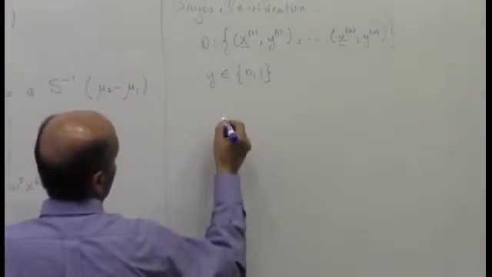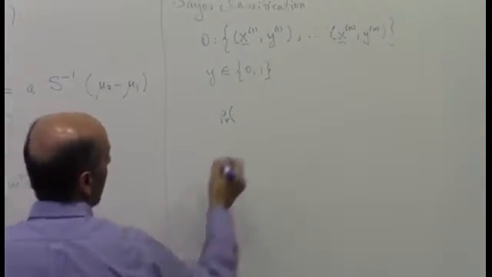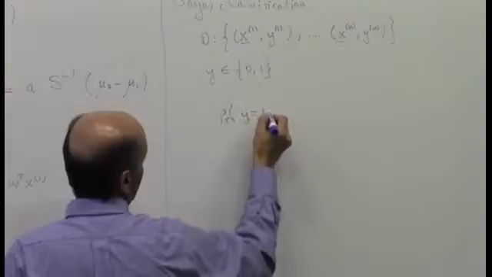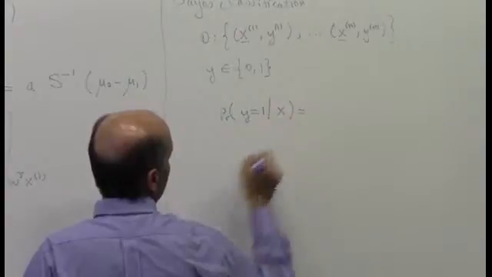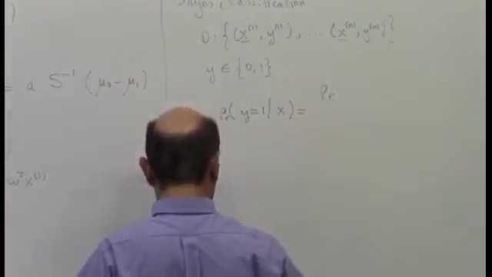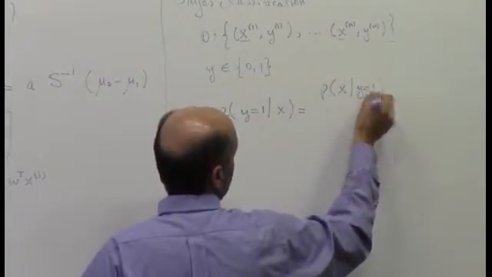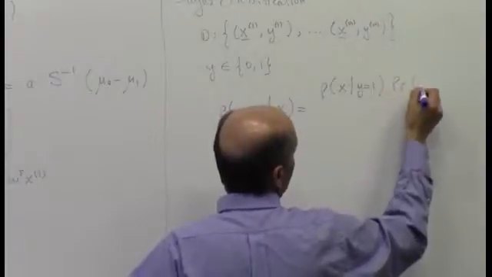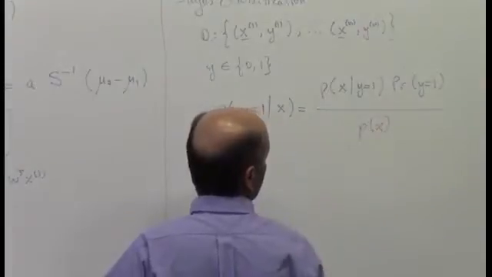When we formulate the problem as a Bayes classification, what we have is the probability of our class y being equal to, say, class 1, given that we have some x. That is the probability distribution of x given that I'm in class 1, times the prior probability of being in class 1, divided by the marginal, which is just the probability of x.